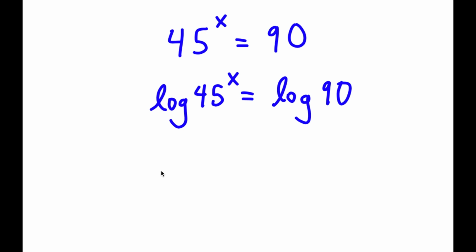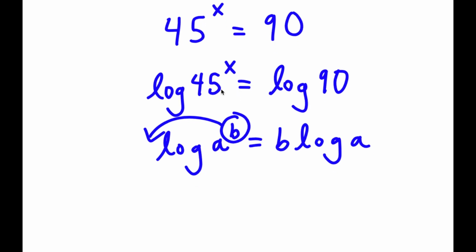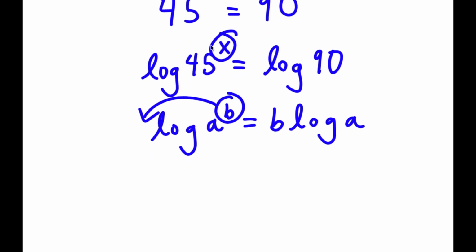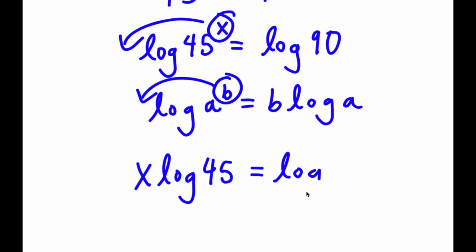Now, if I have something in the form log a to the power of b, I can move this exponent b to the front. So this is the same thing as b times log a. So in this case, I have log 45 to the power of x, and I can move x to the front. So now this is the same thing as x times log 45, which is equal to log 90.